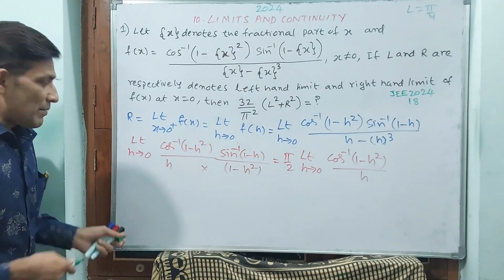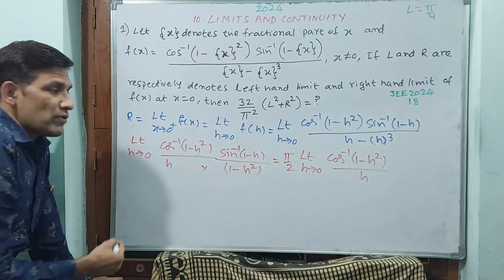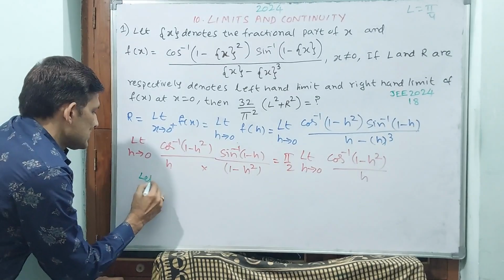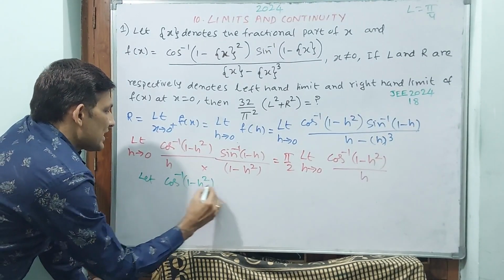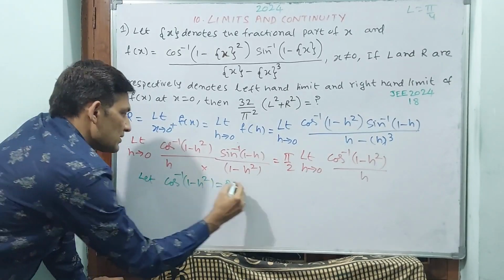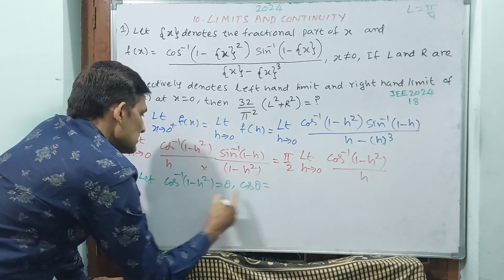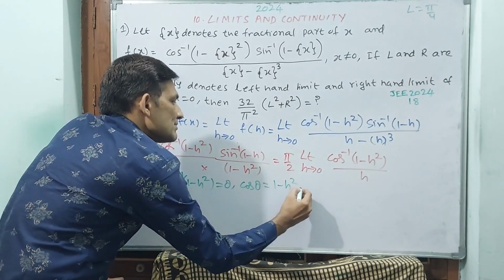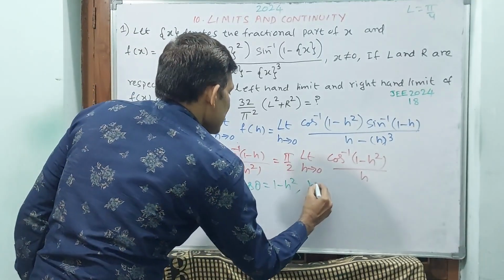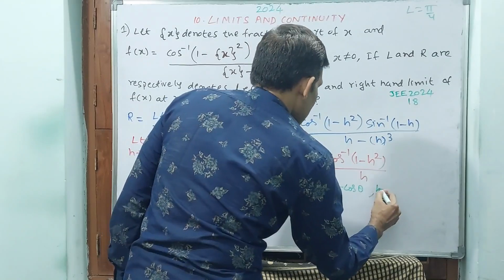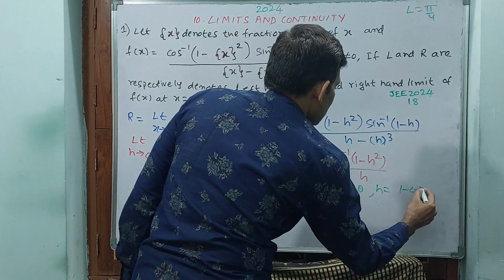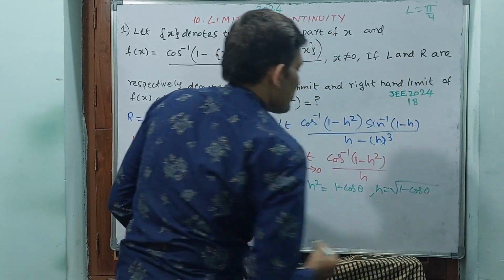Now I am taking cos inverse of 1 minus h square equal to theta. Let cos inverse of 1 minus h square be theta, or else cos theta is equal to 1 minus h square, or else h square is equal to 1 minus cos theta, or else h is equal to the square root of 1 minus cos theta.